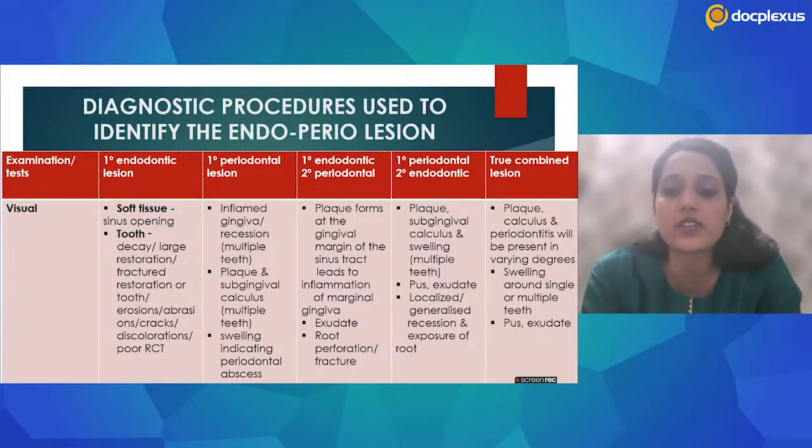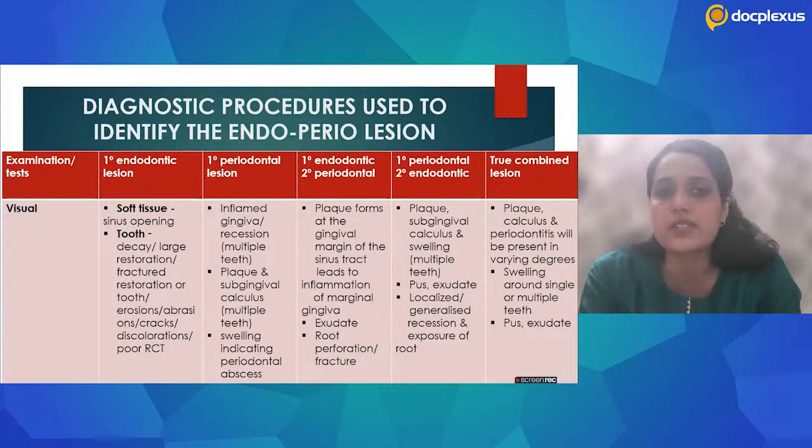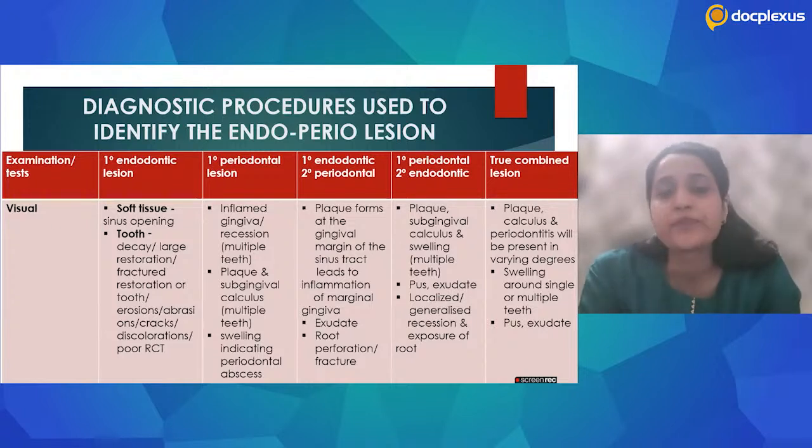This is a chart where I have tried to help us differentiate primary endodontic, primary periodontal, or combined lesions. Visually, in primary endodontic lesions, a sinus opening will be present in the soft tissue. In primary periodontal lesions, there will be inflamed gingiva, as it definitely affects the periodontium, or recession with multiple teeth.